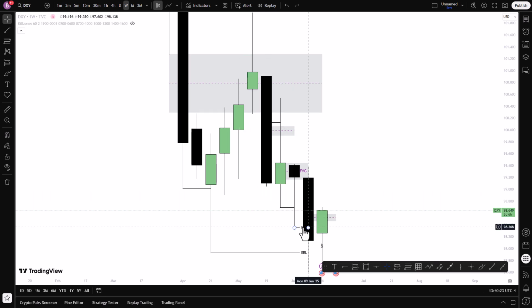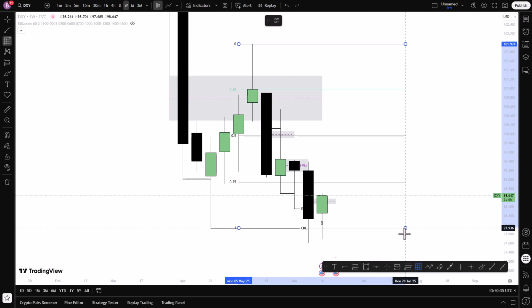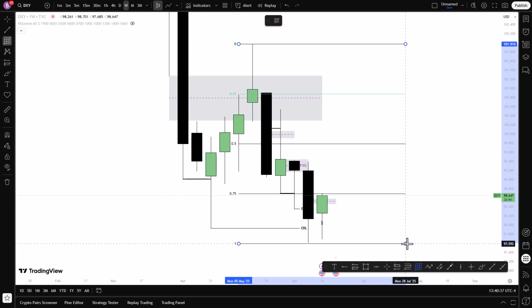But what we are going to be doing is looking for other PDRAs within the range, because we have this high. If you put your markup from this high to this low, we see that the main threshold is this level. So what are we expecting?